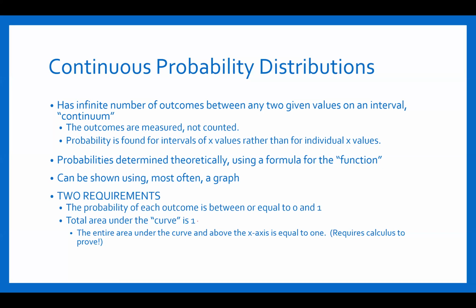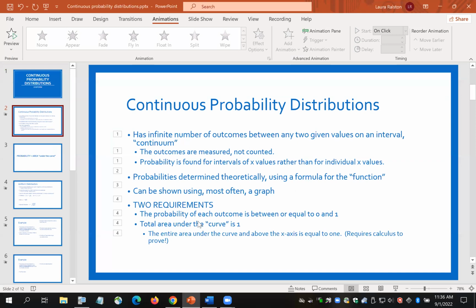We're basically saying that all of our probabilities have to be between 0 and 1, just like we said with the discrete. These look a little different because we're doing it with a graph, so the height of the bar on our graph, or the height of the graph, represents the probability, and it has to be between 0 and 1.